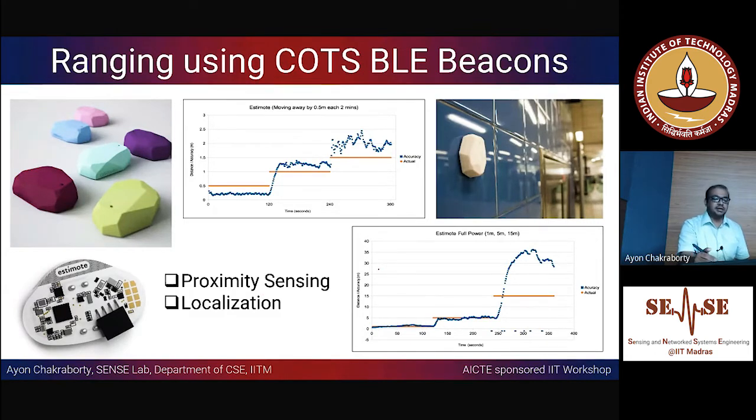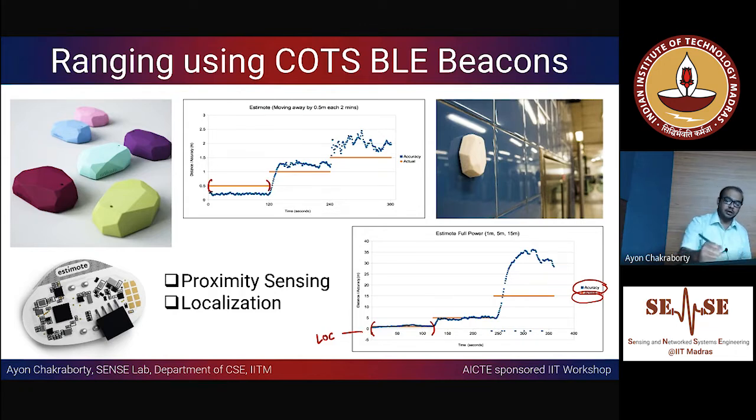And for distance measurement, as you are seeing at full power, the dot is basically your measured distance or accuracy, and that red thing is your actual distance. So if you are seeing here, for 0 to some time we are keeping it at the location, probably the range is like 0.5 meters.